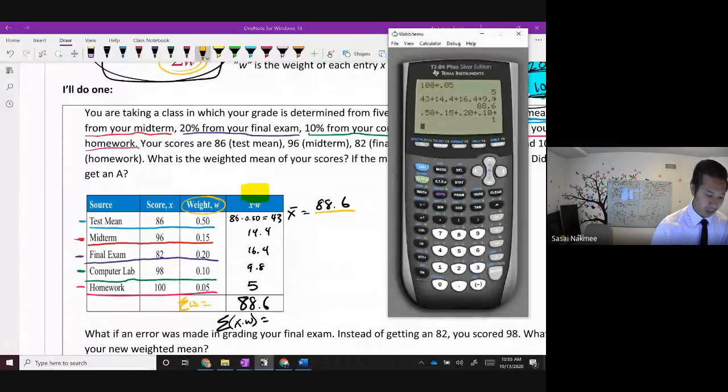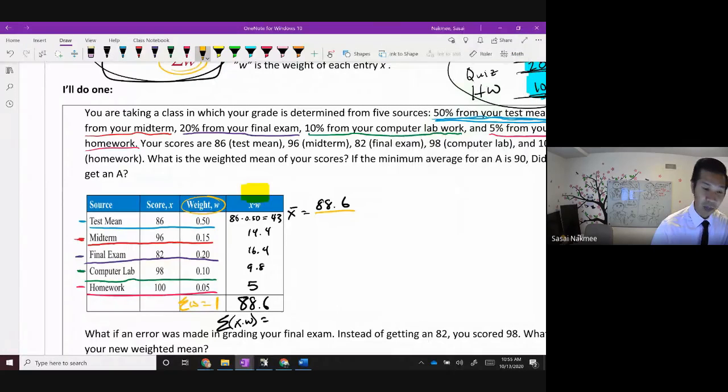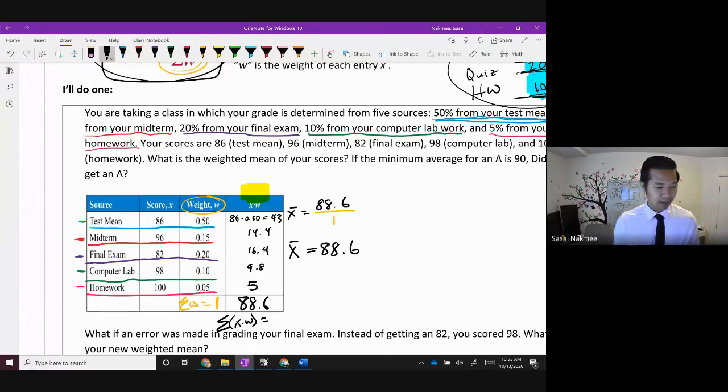And you sum that all up, what do you get? I get 1 as my weight, and that's what I need to divide by. And what's my average going to be equal to then at the very end? My average is going to be equal to 88.6. That's your answer.